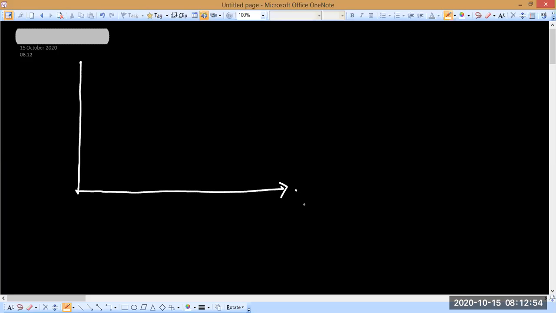So let's say this is the x-axis along the ground, and this is the y-axis, vertical. And here is the origin, and we are going to throw or fire something from the ground, okay? And let's say this object is small, right?